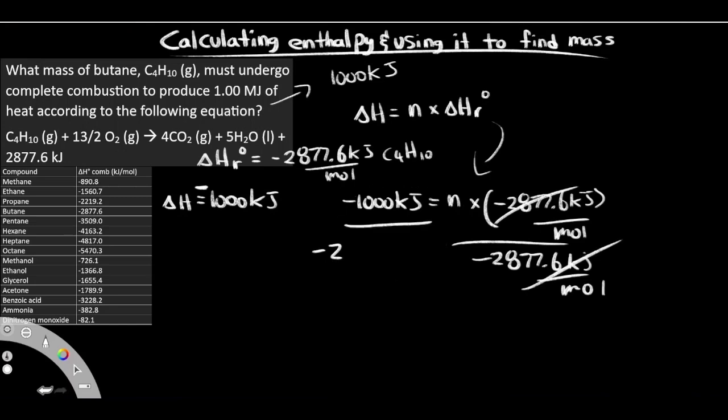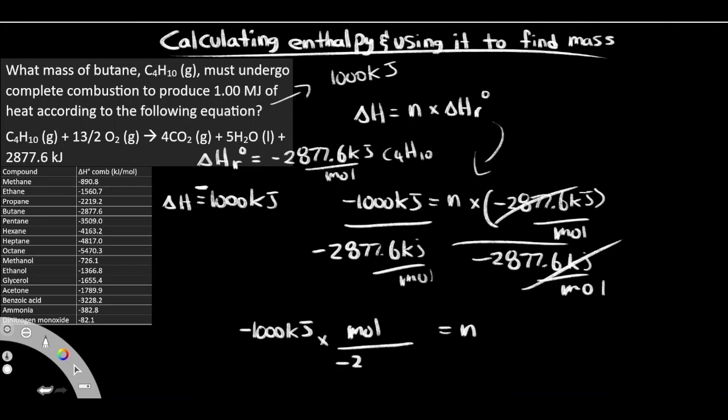So then I end up just getting my negative 1000 kilojoules multiplied, I just flip this over, moles over my negative 2877 kilojoules. So again, this is the moles here. So kilojoules cancels out. So you just get this times mole divided by that, end up getting a value of 0.34751 moles.